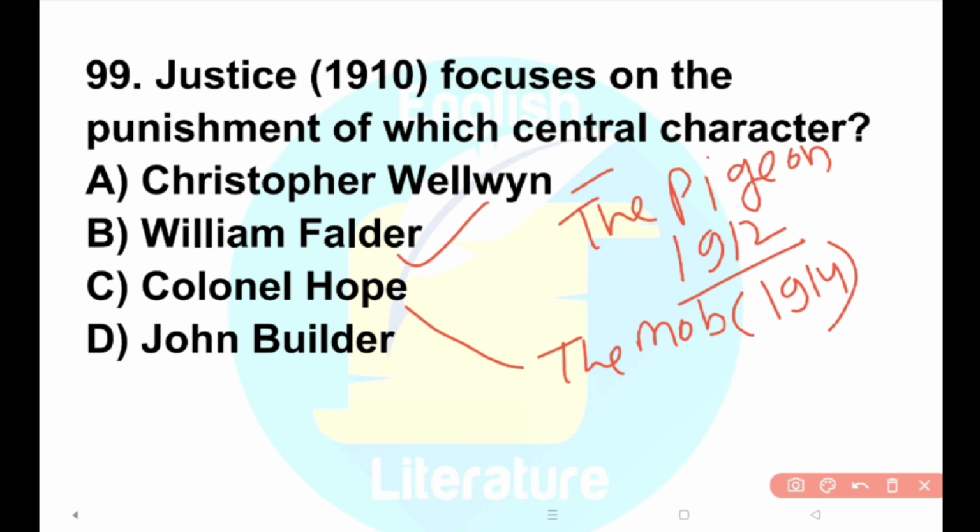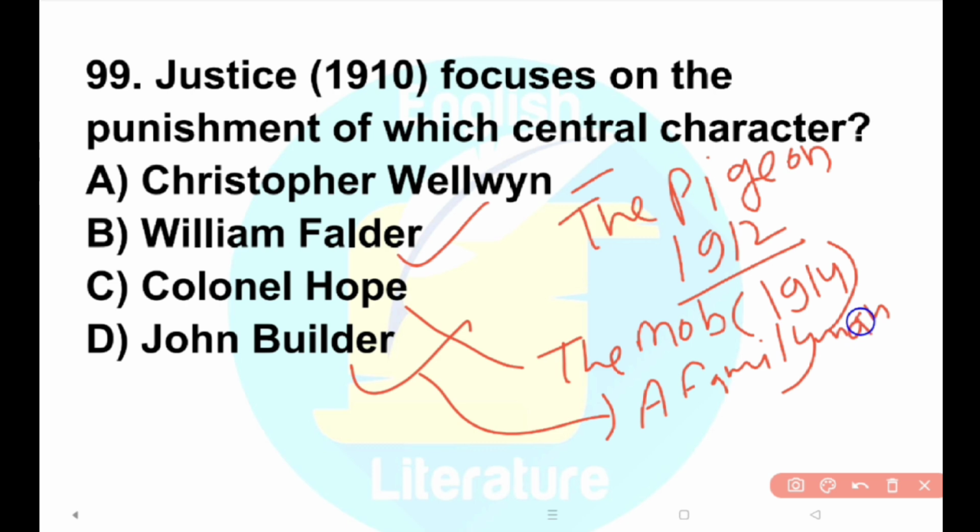John Builder is from A Family Man, 1921. So, the central character is William Falder.